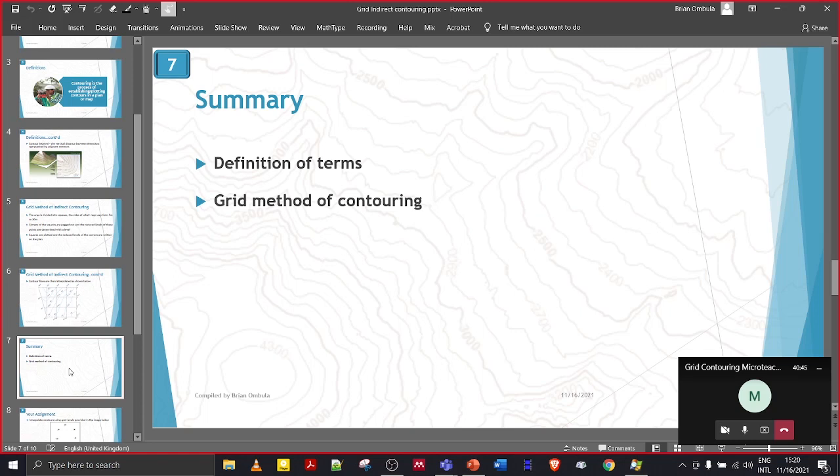Then using a dumpy level or any other level, or even a GPS, you take the levels of the corners of every square. After that, we visit the office, and when you're back in the office, we interpolate the contours between the squares. Isn't it? Yes.